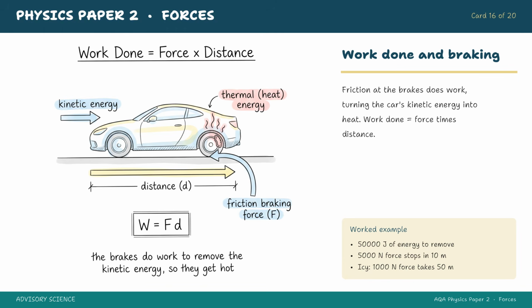But if the road is icy, the tyres slip and the friction force drops to only 1,000 newtons. 50,000 divided by 1,000 means the car now takes 50 meters to stop. Because the force dropped, the braking distance multiplied just to transfer the exact same amount of energy. So the brakes get hot, and the faster you're going, the longer the braking distance.